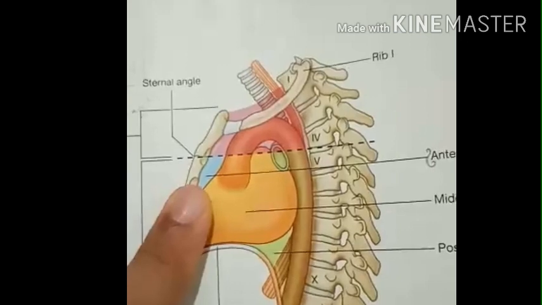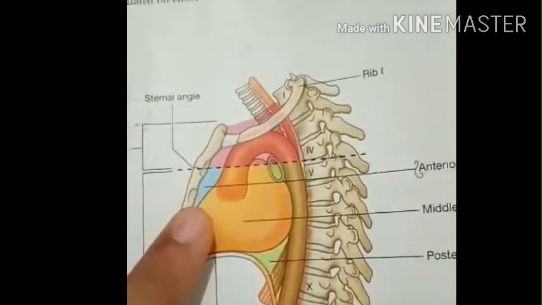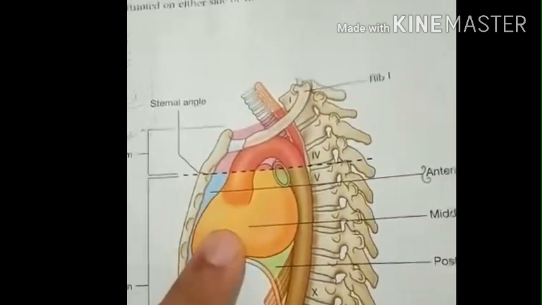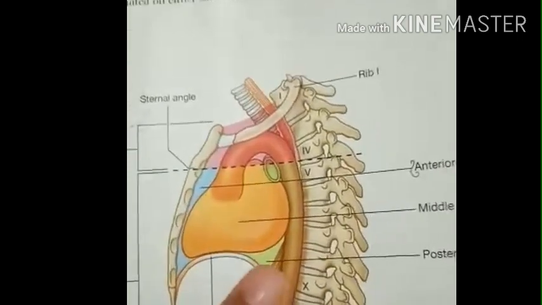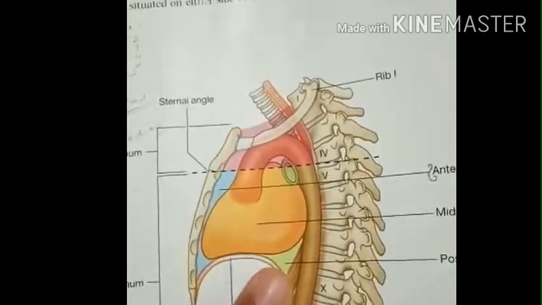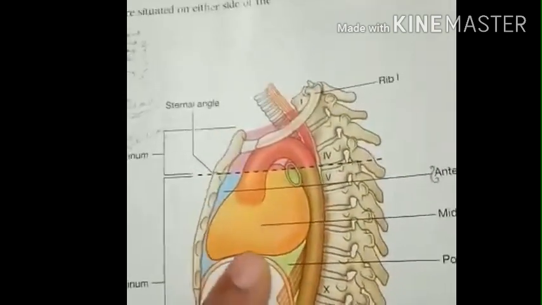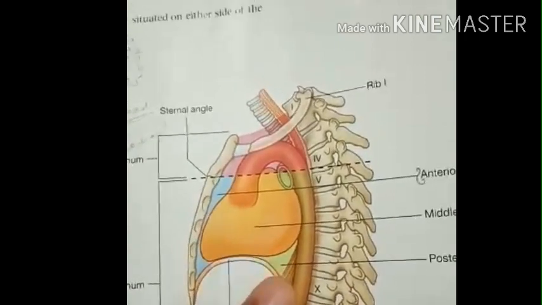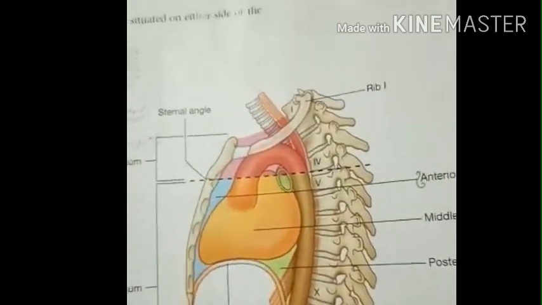Anterior mediastinum is located between the sternum and the anterior border of the middle mediastinum. Middle mediastinum is located between the anterior and posterior mediastinum, and the posterior mediastinum is located between the middle mediastinum and the vertebra. The heart is located in the middle mediastinum, and the posterior mediastinum contains mainly the aorta, which you can see.